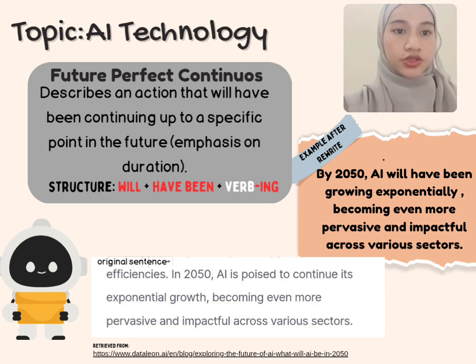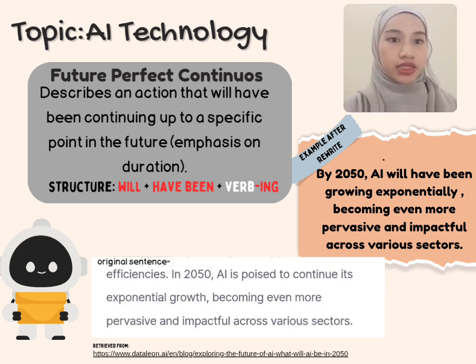I changed it into this example: by 2050, AI will have been growing exponentially, becoming even more pervasive and impactful across many sectors. In this sentence, will is the auxiliary verb, have been shows the perfect continuous aspect, and growing is the main verb in the ing form.